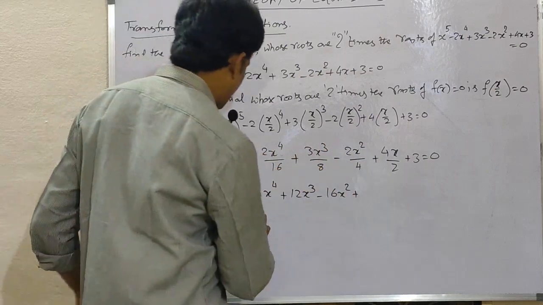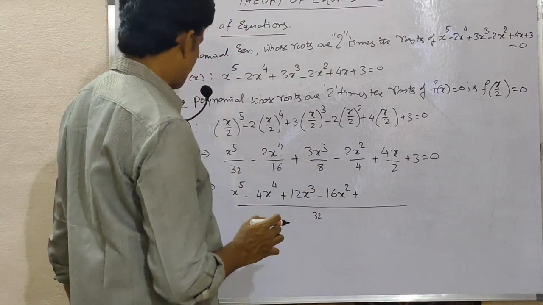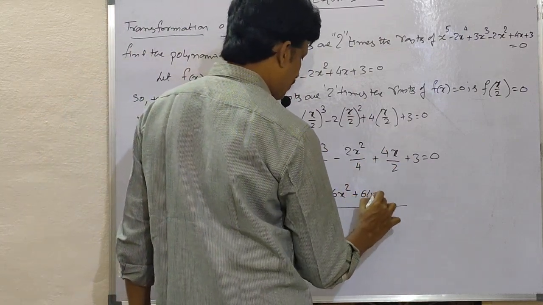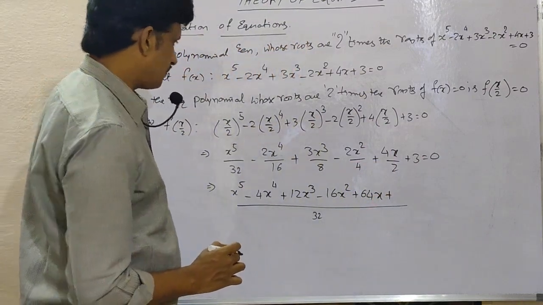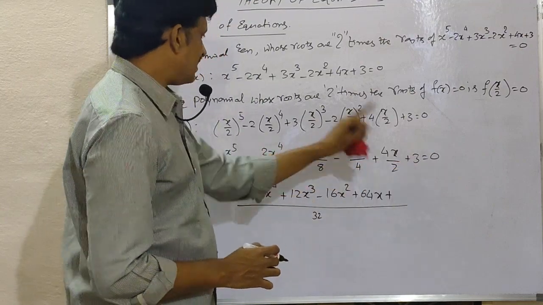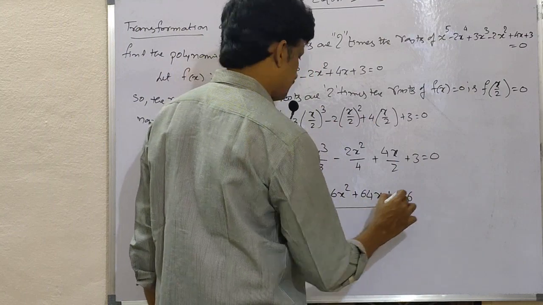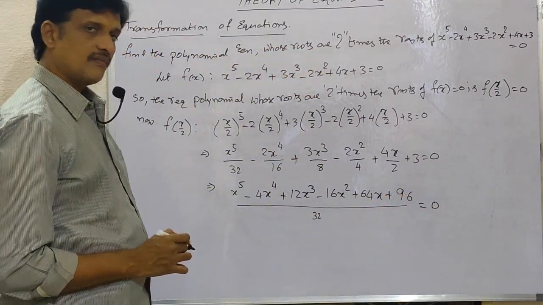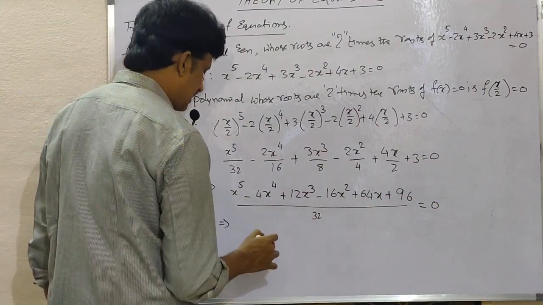Since LCM is 32, you should multiply with 16. Then 16 into 4, 64x. And here 3 means 3 by 1, so multiply with 32. 32 into 3, 96. Now you can write the denominator later there in the other side RHS.